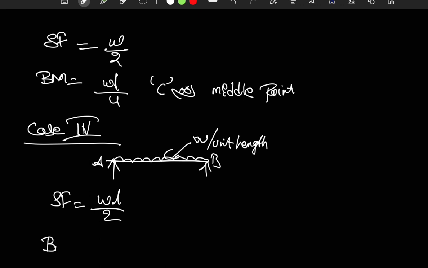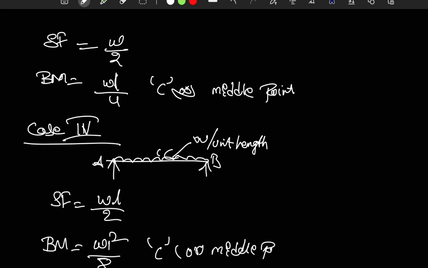The bending moment formula is WL square by 8. The maximum bending moment occurs at C, the middle point.